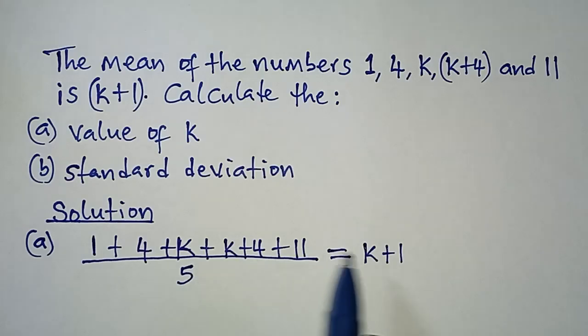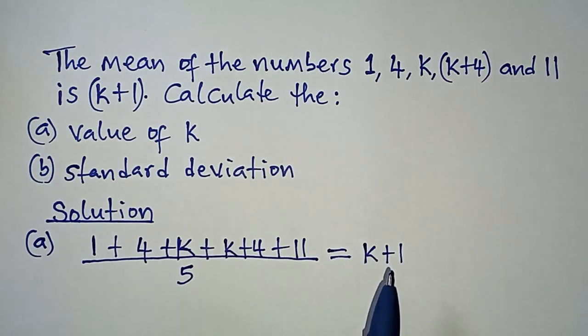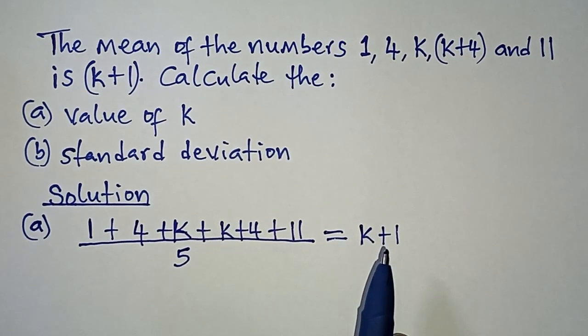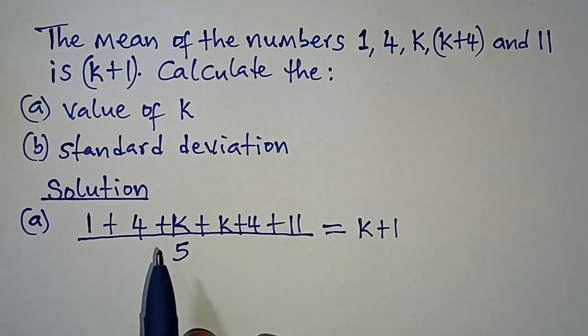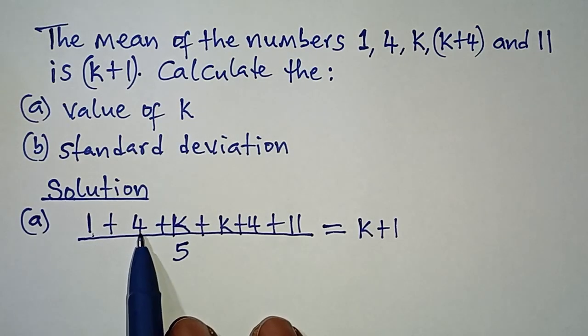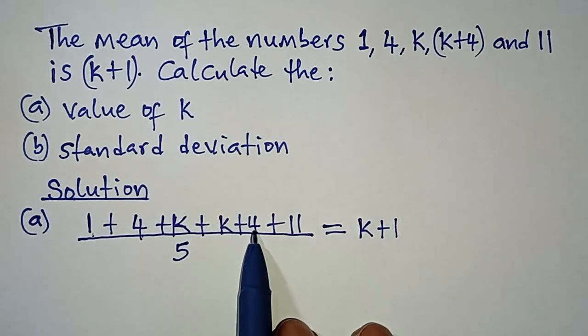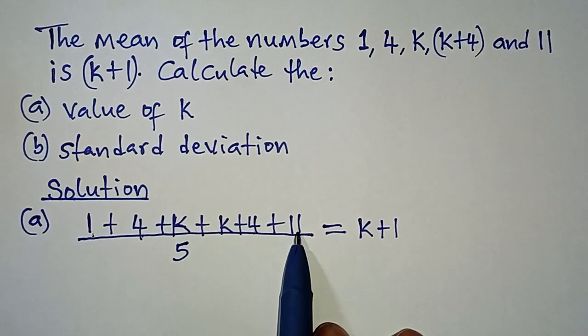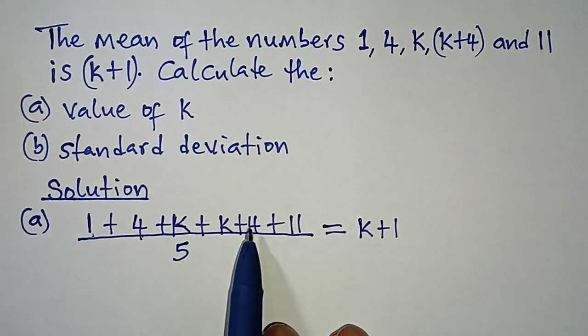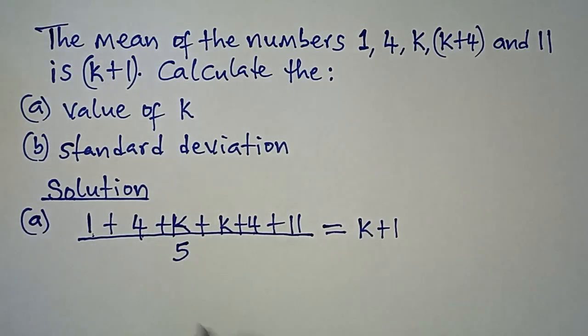So now that we have expressed it like this, the next thing for us to do is to solve for k. Then now let me add. 1 plus 4 is 5. 5 plus 4 is 9. And 9 plus 11 is 20. So we are adding all the constant terms, and that gives us 20.